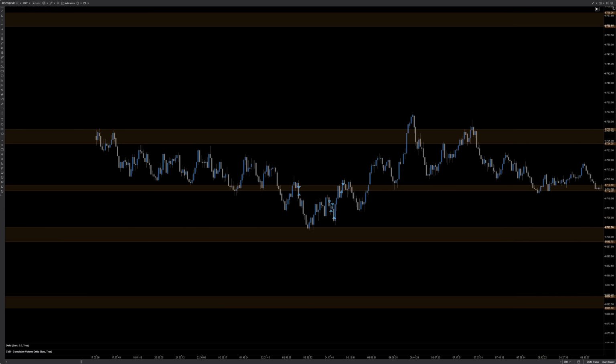Overall, for the 25th of November, the results are 97 ticks in the plus: 86 ticks on the demo account and 11 ticks on the funded account.